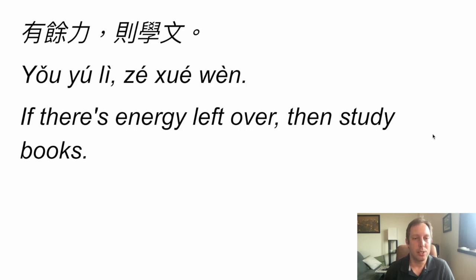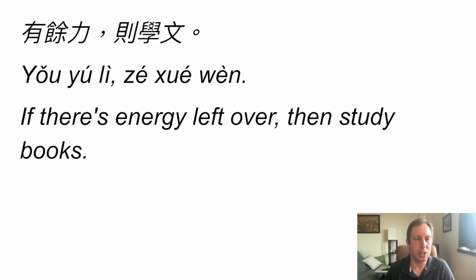有余力则学文. Sorry, the pinyin for 余 should be second tone, not fourth tone. So here we have 有, which means to have. 余 means leftover or extra, and 力 means strength or energy in this case. 则 means then, and it hints at how this phrase is structured.